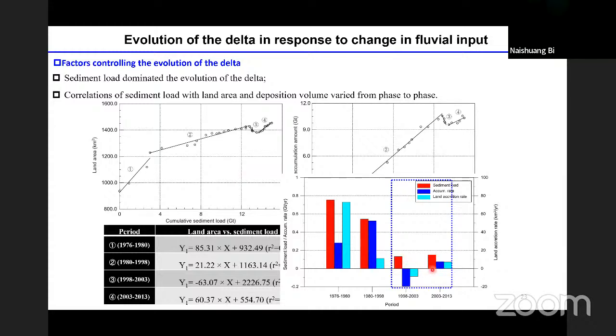However, the real amounts shifted from erosion in stage 1 to deposition in stage 2. So this indicates that the sediment load may not control this phenomenon.